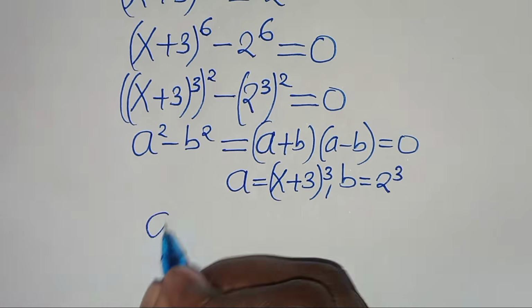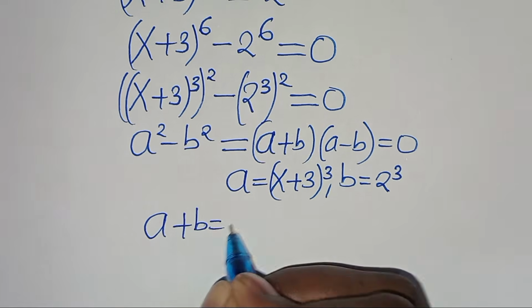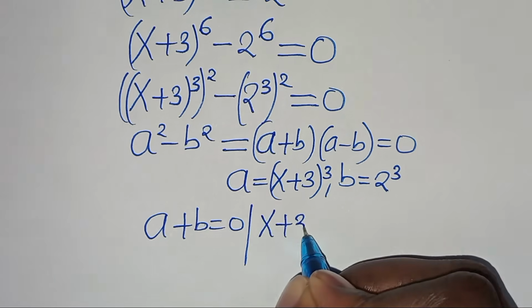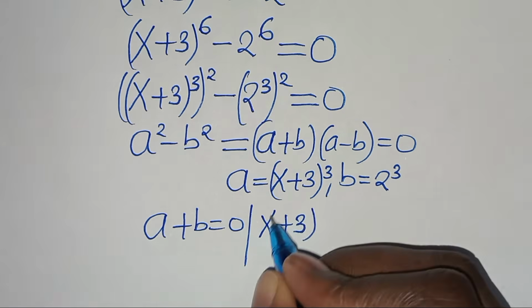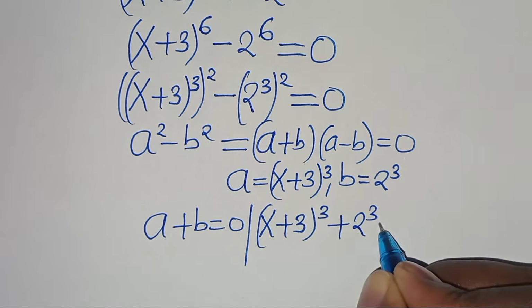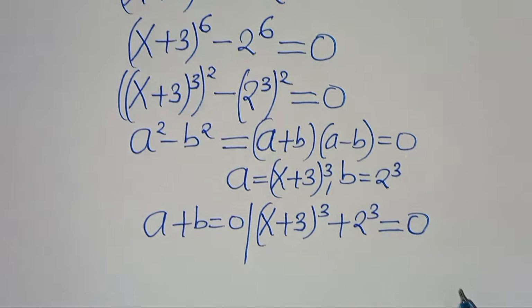So this implies that a plus b equal to 0, the same thing as (x+3)^3 plus 2^3 equal to 0.